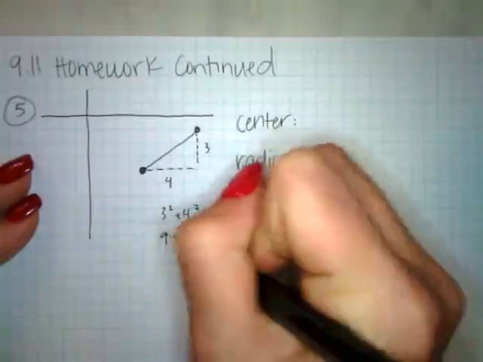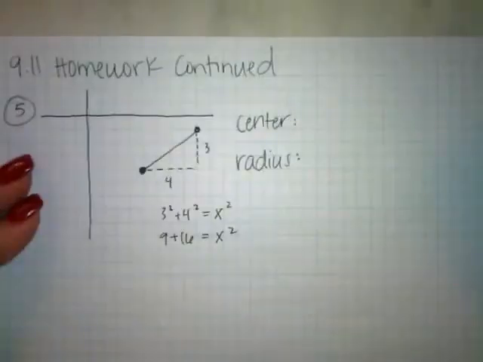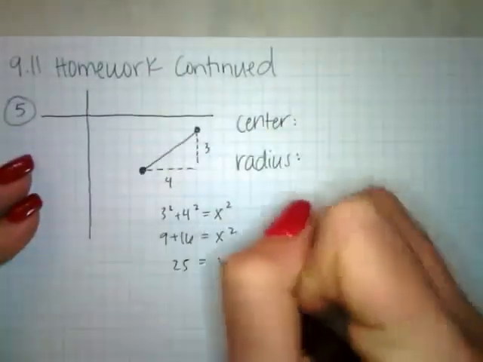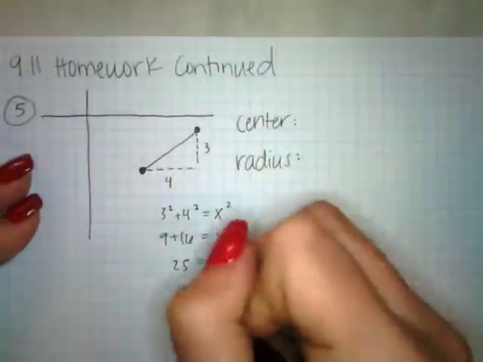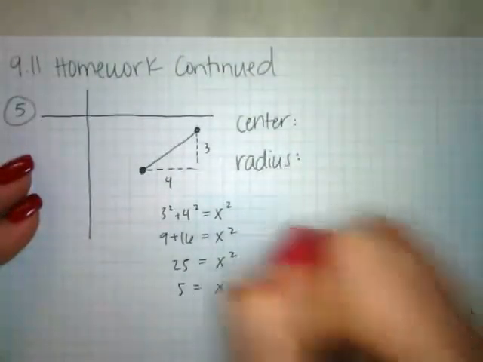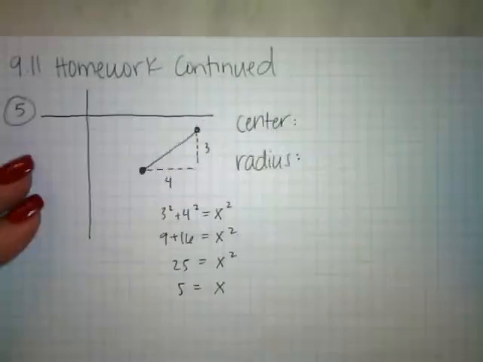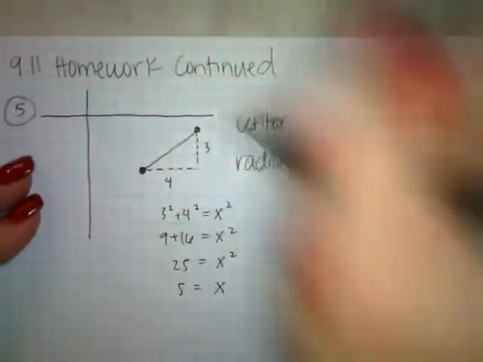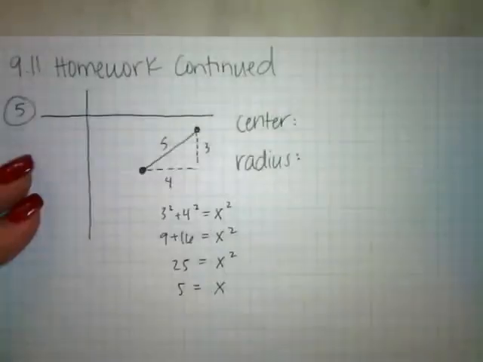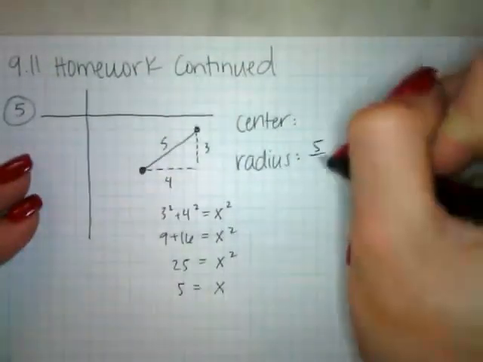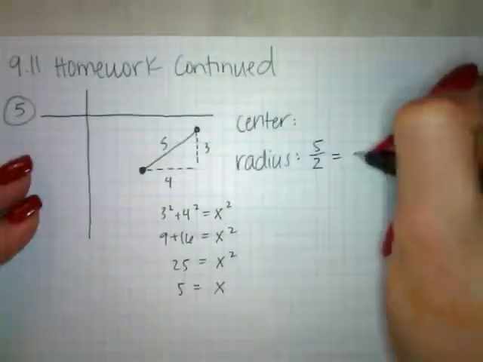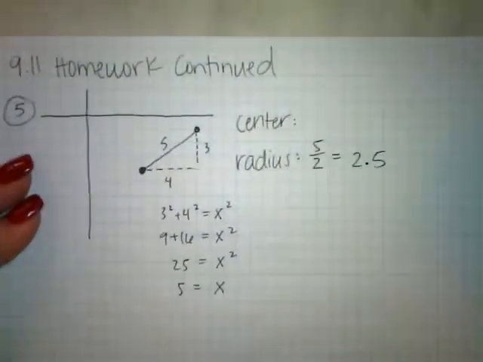That's 9 plus 16 equals x squared. Take the square root of both sides, and it looks like our diameter is 5 units long. If our diameter is 5 units, then our radius is half of that, or 2.5.